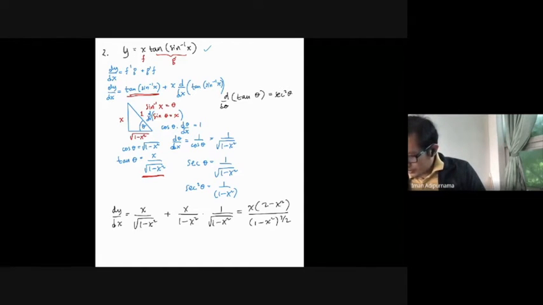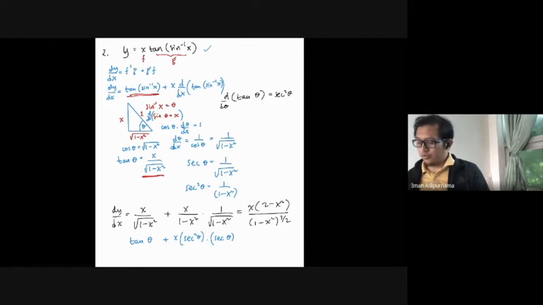So maybe I will write to help you get what this is about, if you want to see what it should look like in theta. Basically, this is tangent theta, the theta that I defined in the whole equation.